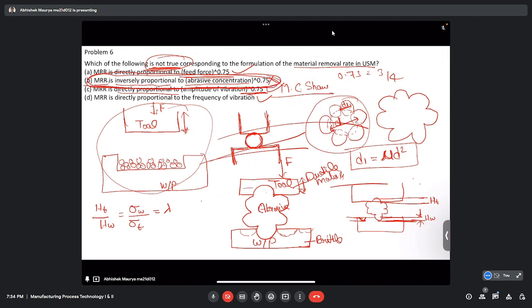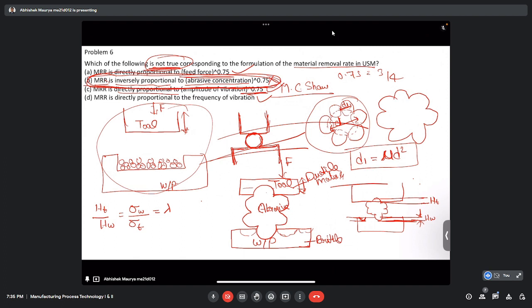Okay. If there is no doubt in this problem, we can move to the next problem. Or if you have some doubt in whatever I have explained, you can ask me. I haven't explained the derivation part, so it is a little lengthy. You can see it in the course lecture.